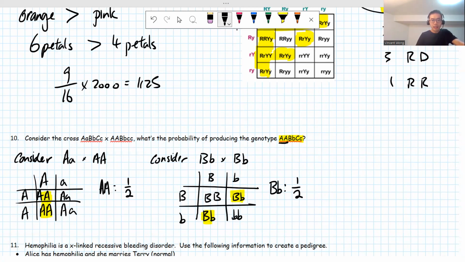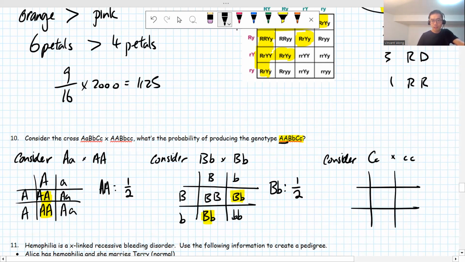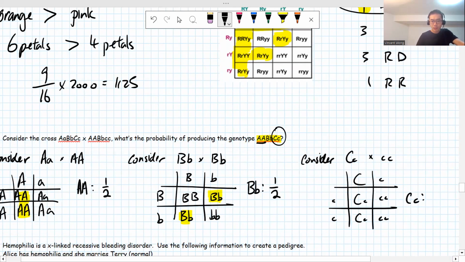And then for the last trait, it is big C, small c, cross small c, small c. And we are looking for big C, small c, which is also 50%.